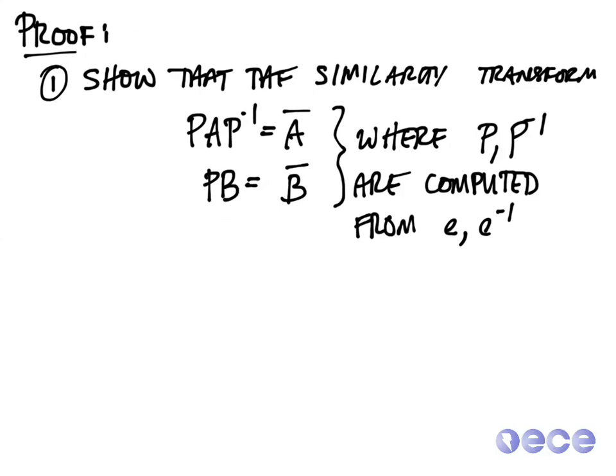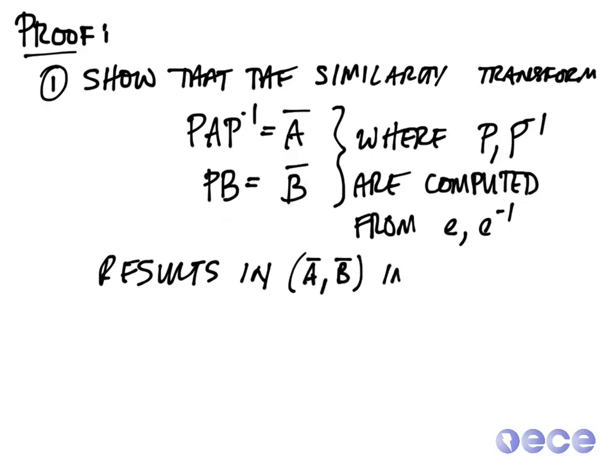We're going to show that this similarity transform results in some system A bar and B bar, which is in controllable canonical form. So that's step one. We're going to show that that similarity transform, based on the E that we defined before, gives us controllable canonical form.